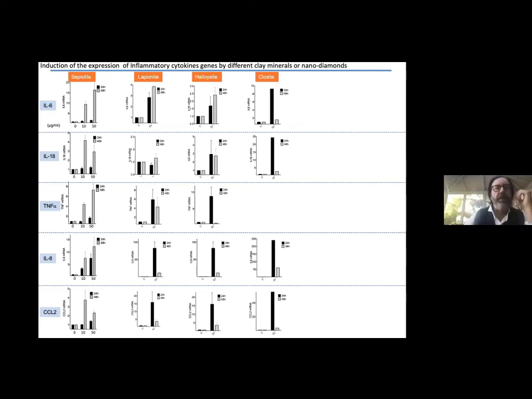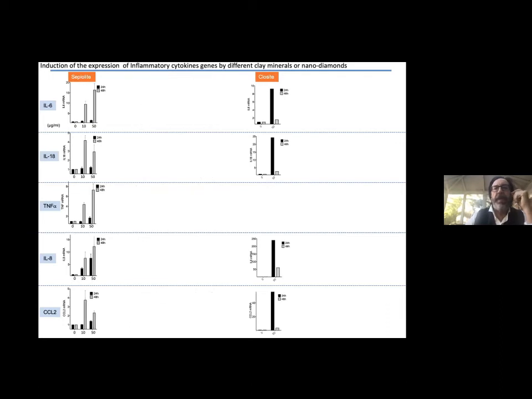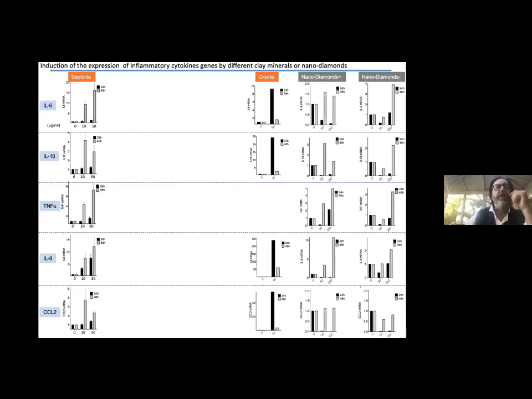Well, it depends on the concentration, the time of contact, and so on. But the most efficient are sepiolite and chlorite. And if we compare to nanodiamonds, we can see that nanodiamonds also produce inflammatory cytokines, but more or less efficiently than the clay minerals.